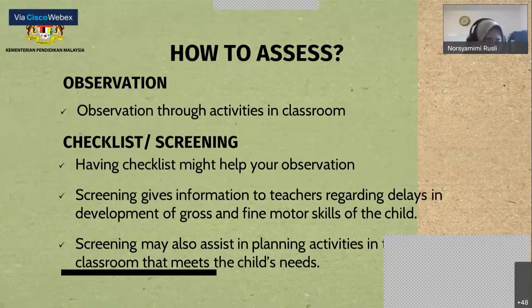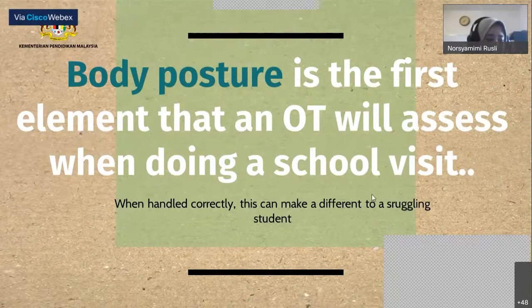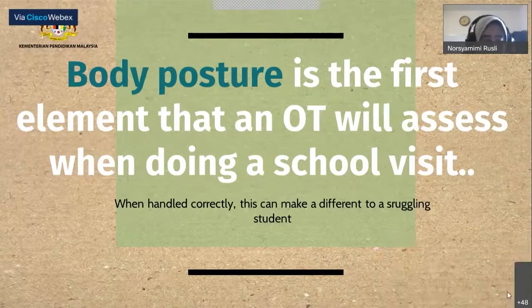Before I start, I would like to stress body posture, because it is the first element that an OT will observe in class. When handled correctly, this can make a difference to a struggling student. There is research saying that humans spend from 8 to 25 years in an educational environment. We spend quite a long time sitting in a chair, and this can put stress on our spine.